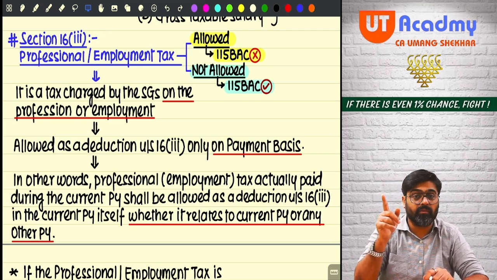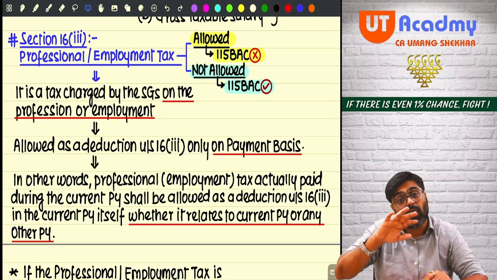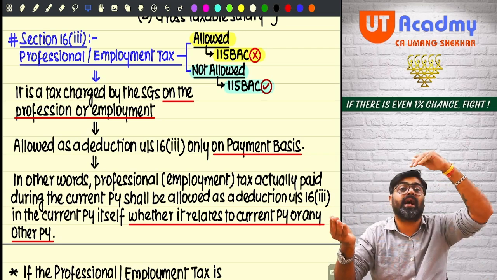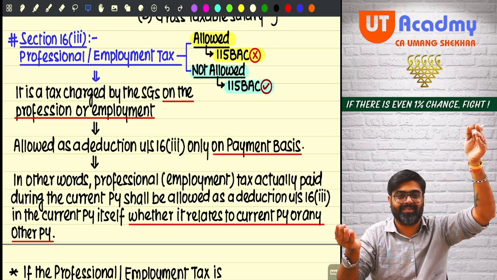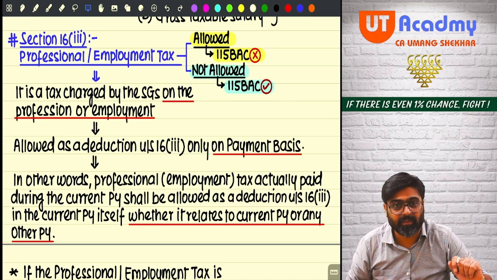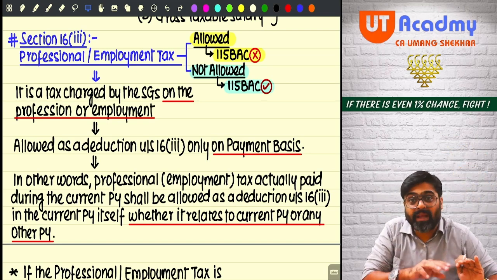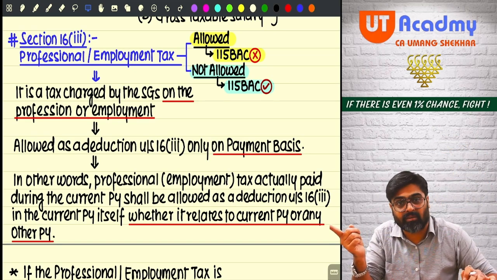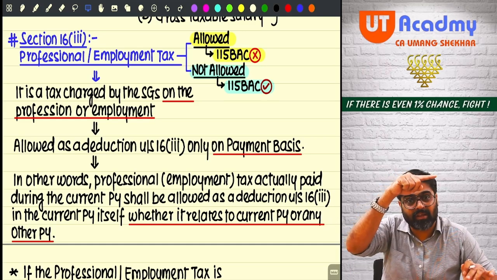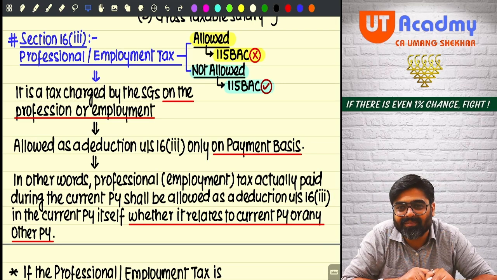Now, whatever income you earn from that business, that profession or employment, that income will be charged under the Income Tax Act, and the tax will be charged by the central government. Out of that income, whenever you pay such types of taxes to the state government, under the Income Tax Act you are going to get the deduction for these professional taxes.